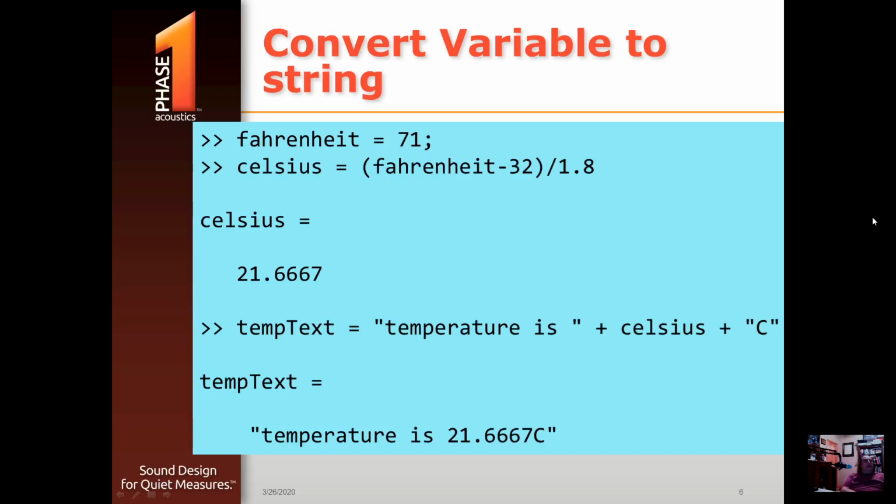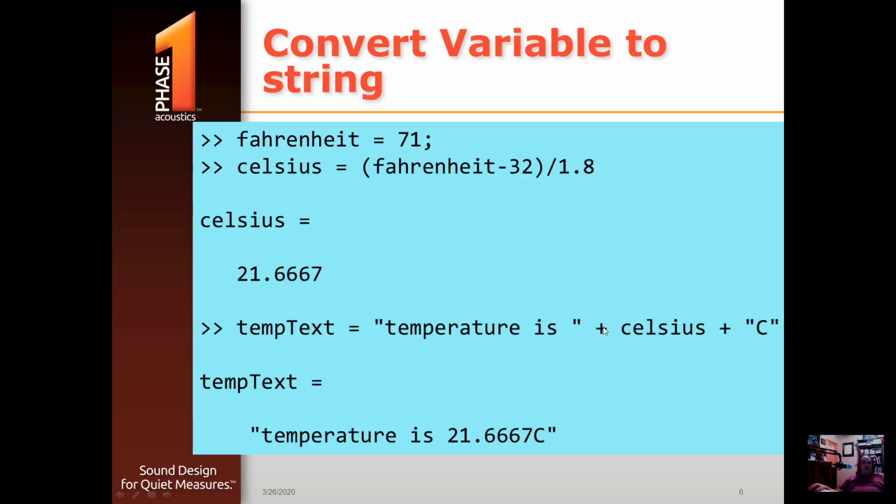So I have a few lines of code here to calculate the Celsius temperature of the variable Fahrenheit, which is assigned a value of 71. So Celsius is the variable and has a value of 21.667. So I go ahead and create a string by opening with double quotes. I have the text temperature is, and there's two spaces in there, so I close with the double quotes.